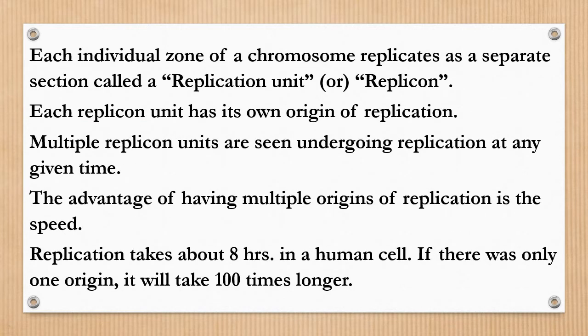Each individual zone of a chromosome replicates as a separate section called a replication unit or replicon.